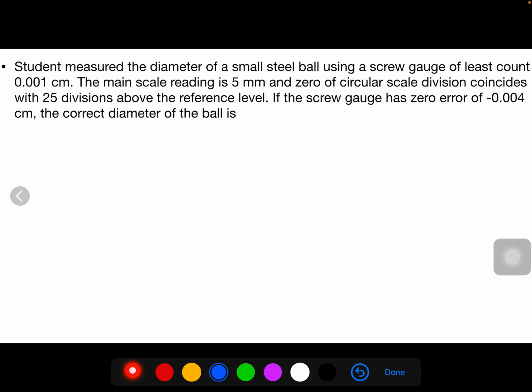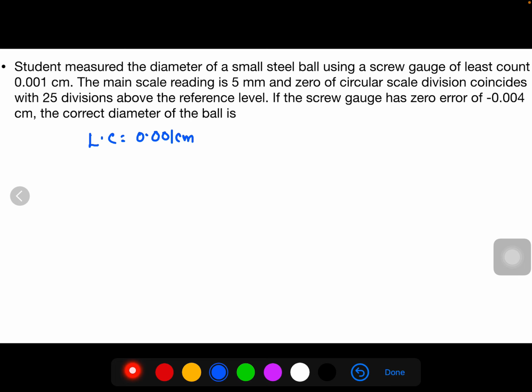Now to the next question. A student measured the diameter of a small steel ball using a screw gauge of least count 0.001 centimeter. Look at that, the least count is in centimeters.